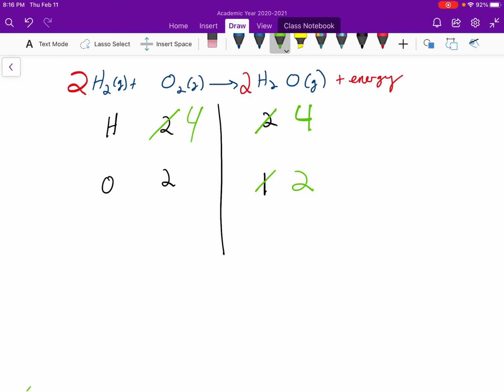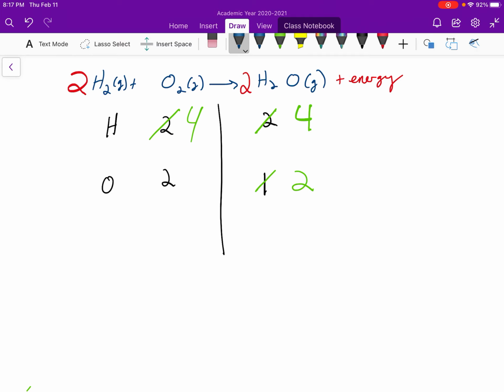I need 2 molecules of hydrogen to react with 1 molecule of oxygen in order to give me 2 molecules of water. That's the only way this works. Okay? But that is how this happens. That's the reaction we see with the fuel cell. Okay? And so we have to pay attention to that.